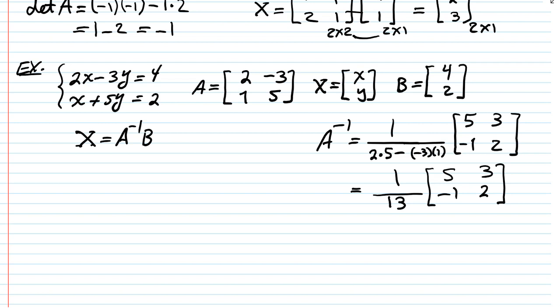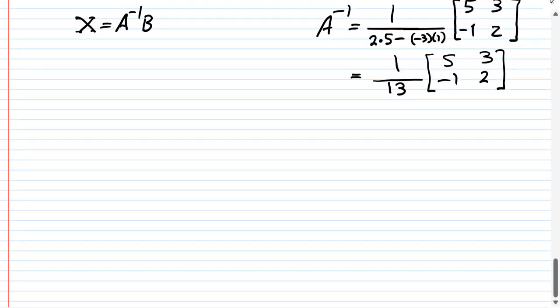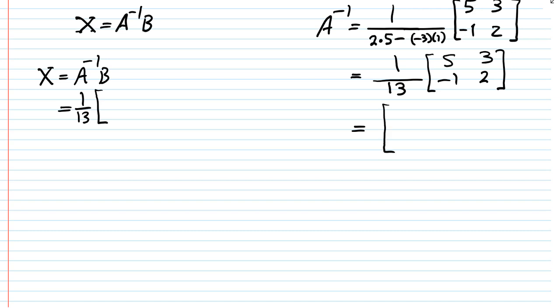Now, we can actually multiply. X is equal to A inverse B. And I can write A inverse as 1/13th. I like to keep that factored, because we can multiply 1/13 by the elements. And let me do it on the inverse side here.